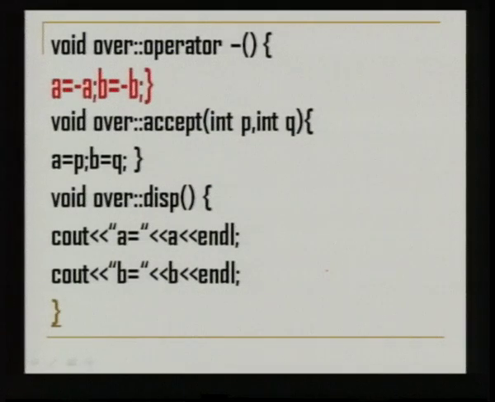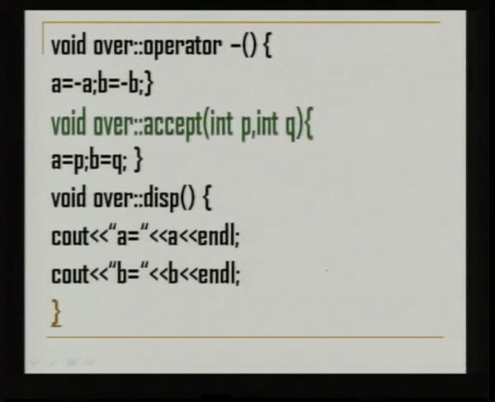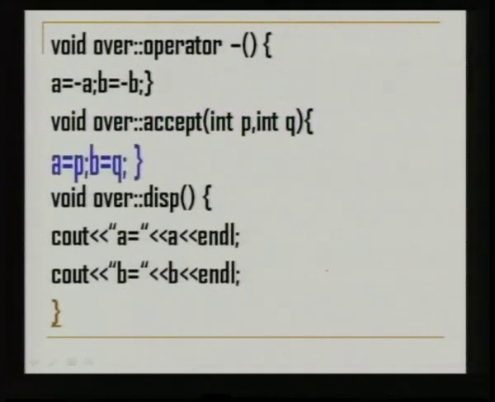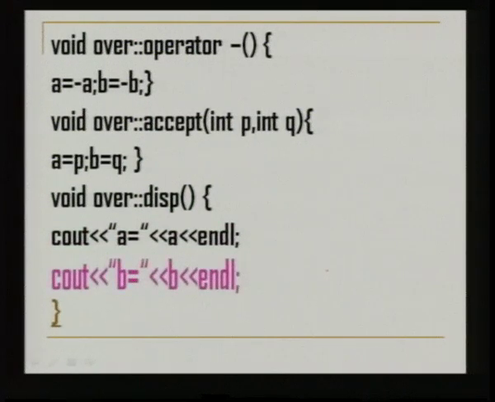So a is equal to minus a and b is equal to minus b. Then using accept, you are accepting two values, p you are assigning to a and q you are assigning to b, and display, we all know it is to display the result a and b. So using the operator minus you are changing the sign, using accept you are getting the values from the user, using display you are displaying the values.